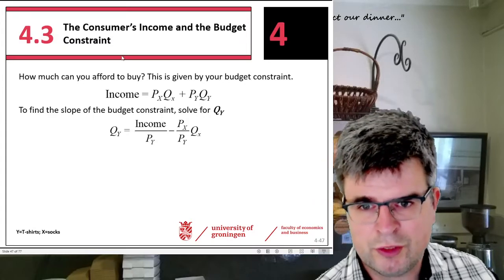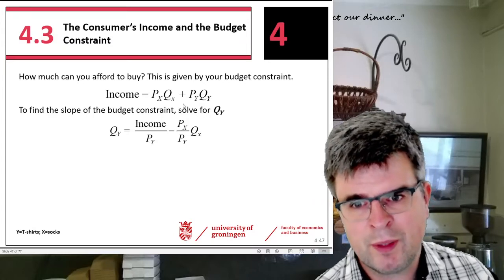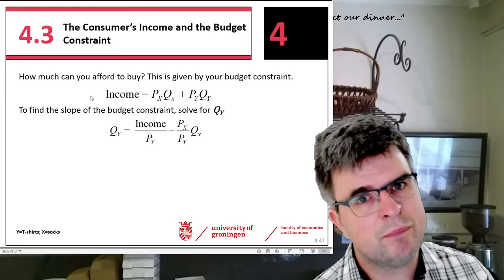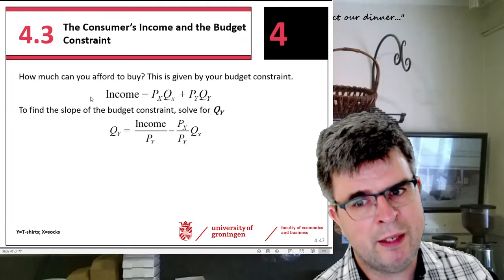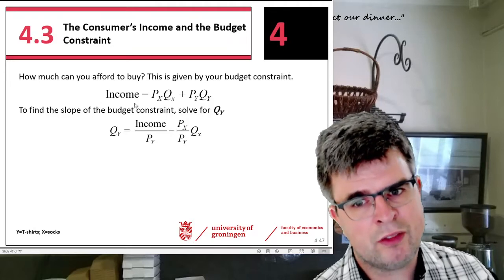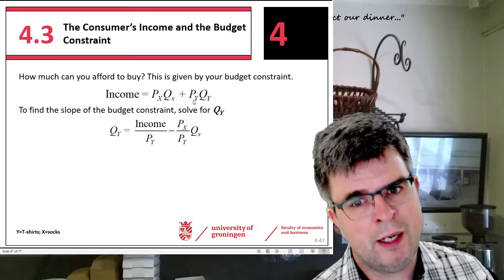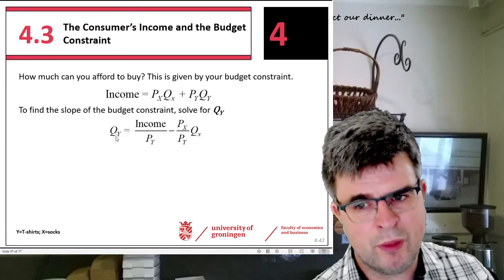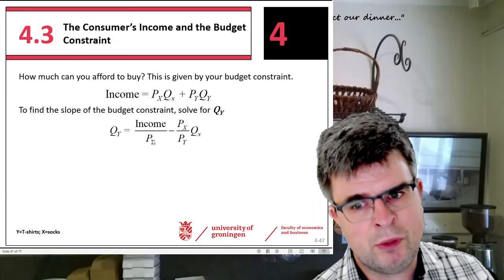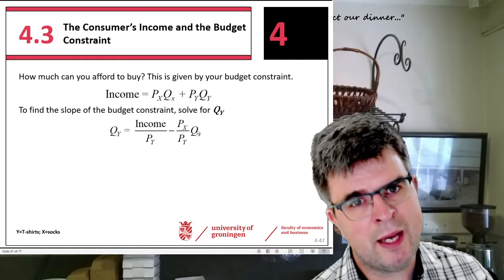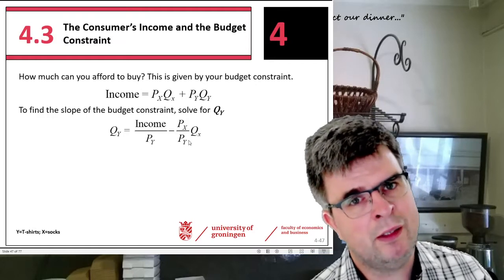So we can solve this expression for QY just by bringing the Px times Qx to the left-hand side, such that the minus sign will be added, and then dividing all terms at the left-hand side and the right-hand side by Py in order to get rid of the Py over here. And we are left with Qy is income divided by Py minus Px times Qx divided by Py.